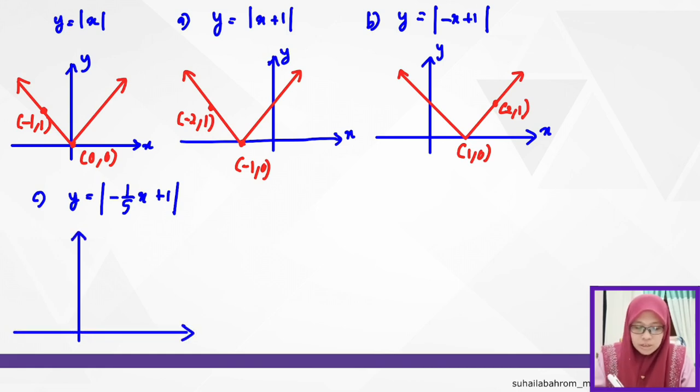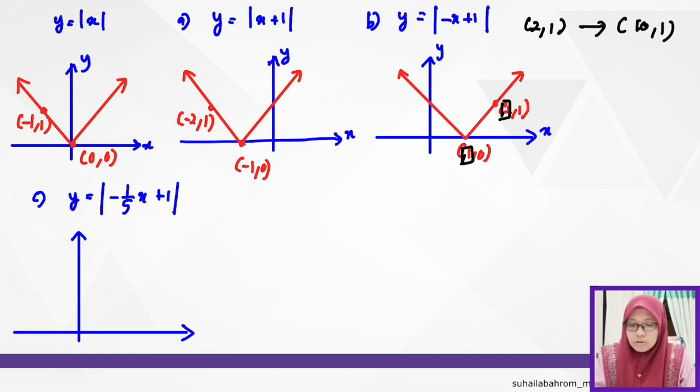When horizontally stretched or compressed, the change is on your x. So the coordinate 2, 1 will become 2 times 5, so you will get the new coordinate 10, 1. And the coordinate 1, 0 will become 1 times 5, so you will get 5, 0. That will be your new coordinate.